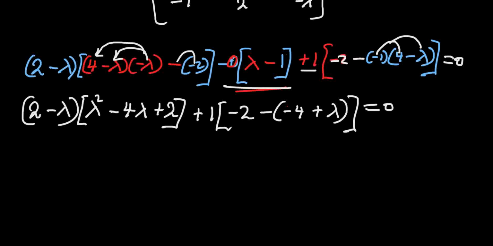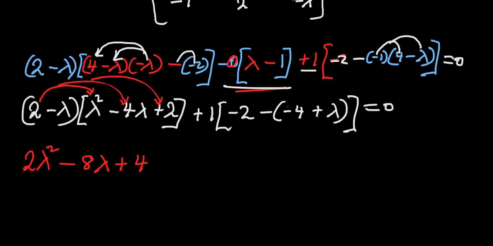All right, so next we are going to use this 2 to multiply lambda squared, and this will give us 2 lambda squared, and also use it to multiply negative 4 lambda, and this will give us negative 8 lambda, and also 2 times 2 would give us 4, after distributing 2 into the whole of this. We can now also distribute negative lambda.